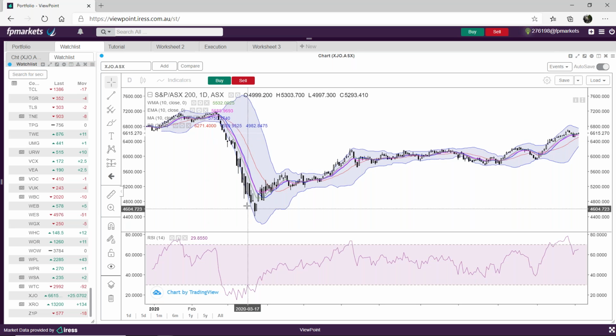As the index started to turn, and not before, we saw the upper Bollinger Band start to roll. Key aspect of a change in volatility is when the opposite band starts to roll. It's starting to signal that this downside volatility is slowing down.